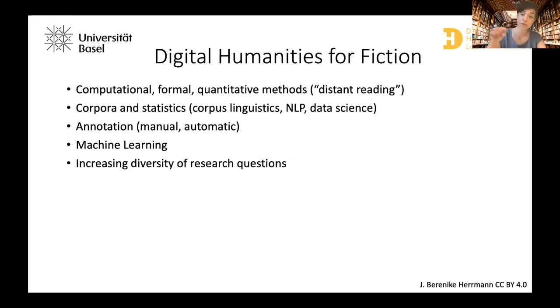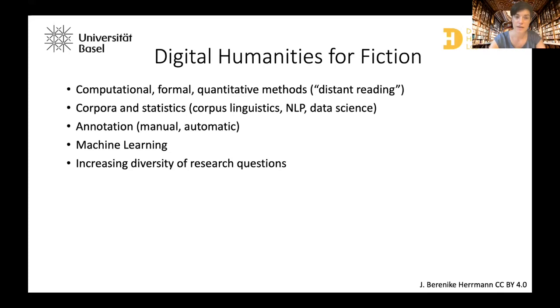But there is this mixed methods aspect, of course, where you scale from small data sets, even from the text itself and the page and so on, and of course below that too, to these large volumes in the big corpora. And corpora and statistics are, of course, sine qua non in digital humanities for fiction.